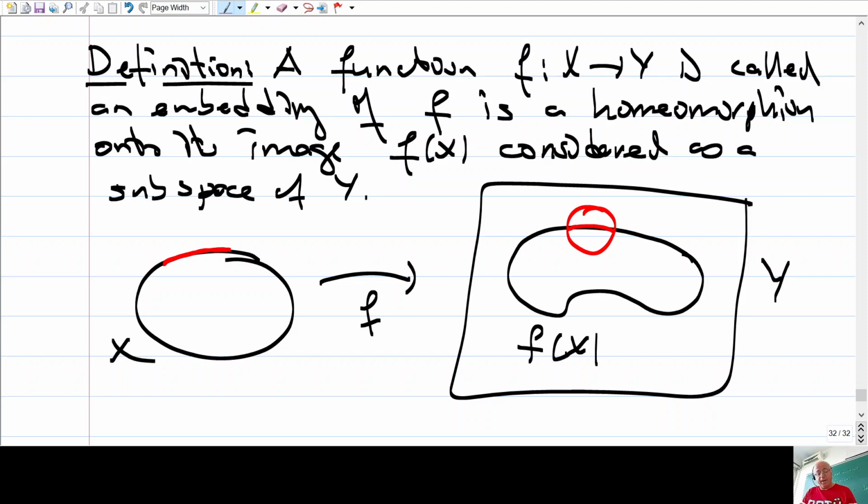So if this is the case, then we call f an embedding, a topological embedding. So f has to be a homeomorphism from X onto f of X, where f of X is endowed with the subspace topology. Okay.